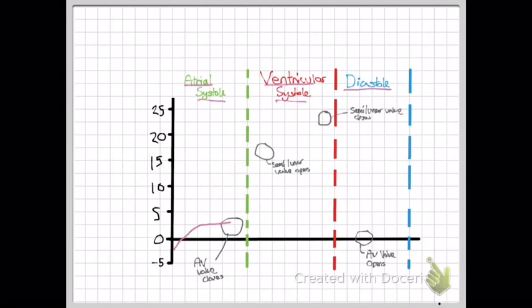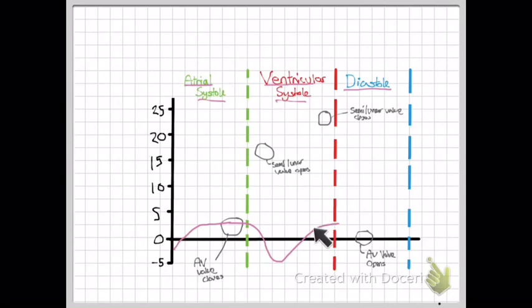We have atrial diastole. So if they're relaxed, they're larger, pressure is going to decrease as we enter ventricular systole. It only reaches a certain point here, so here it gets at its lowest, starting to fill up with blood, because its valve from the vein is still open, so pressure begins to rise.